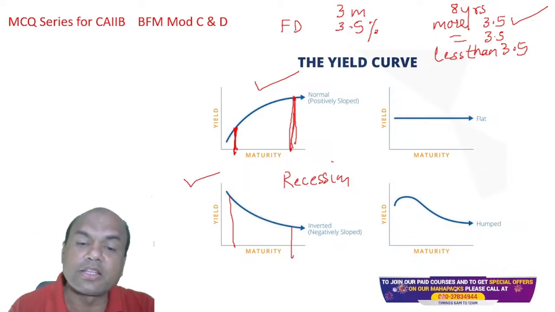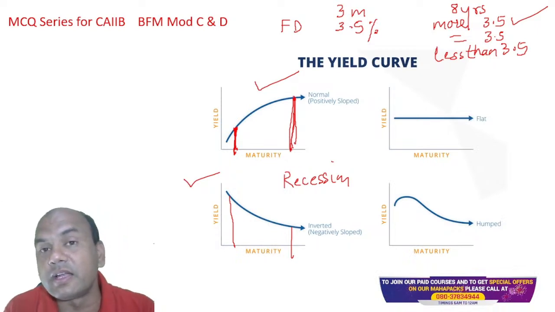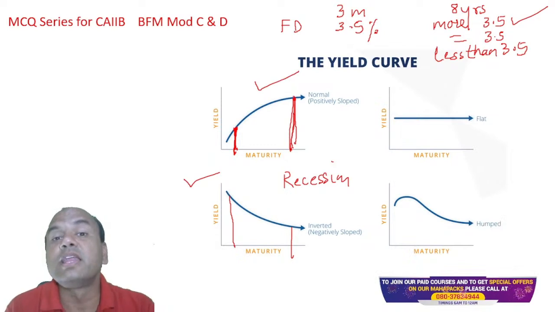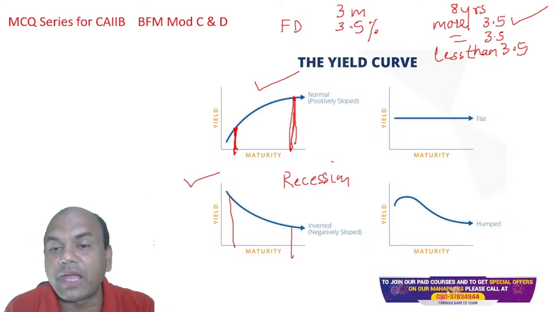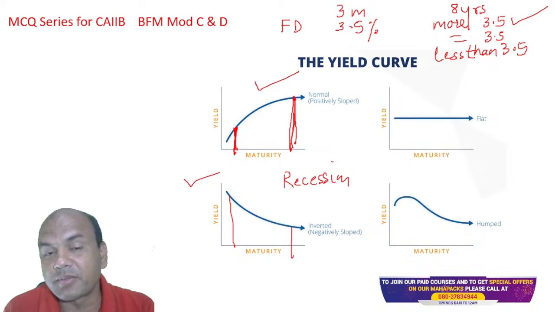Right now they are going into the recession phase, so their yield curves are slightly inverted. They have kept it around flat or slightly upper level, but they can hardly sustain it for some time, 1 year, 2 years, 3 years, that's it.